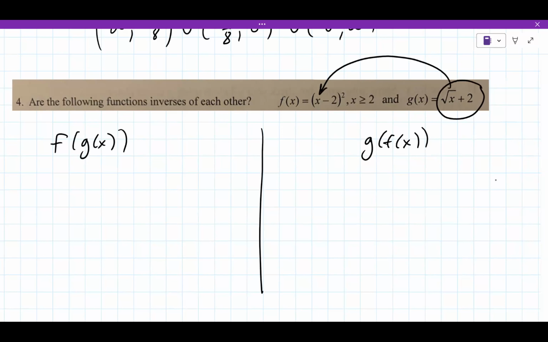Will you attempt to do that for us, please, and let me know what you come up with? Is it the square root of x squared?